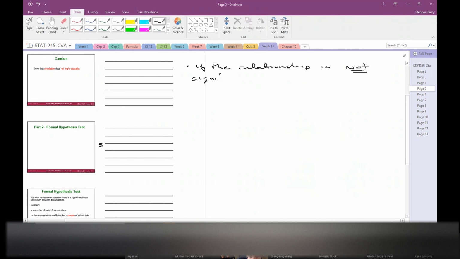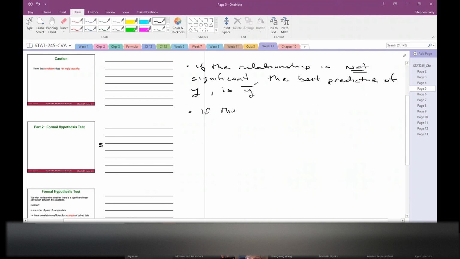So like what we just saw, the best predictor of Y is the average. Now, if it is significant, so I'll talk about this in a second.